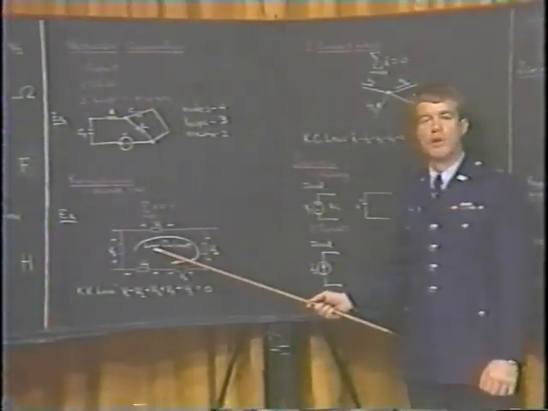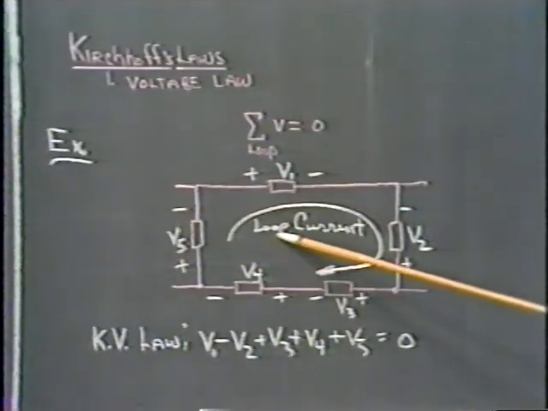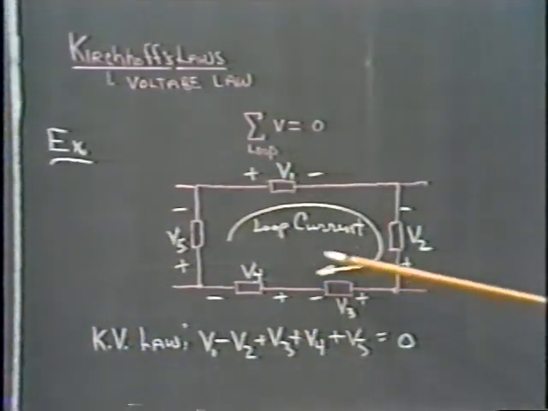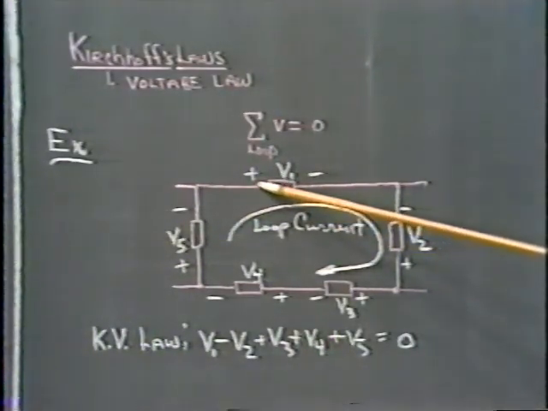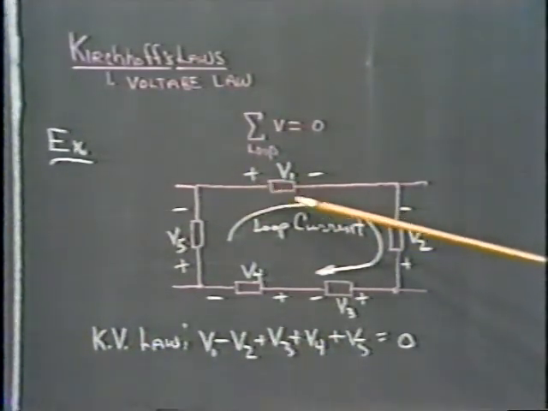This is an example of Kirchhoff's voltage law. Here we have 5 elements that form a mesh or a loop, and we have an associated polarity for each device.